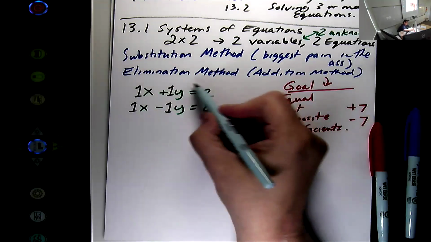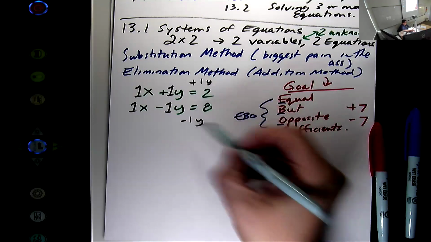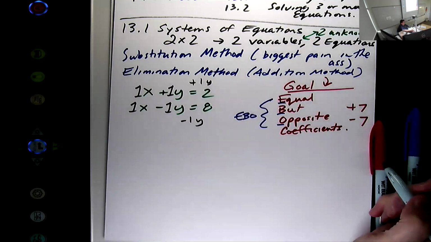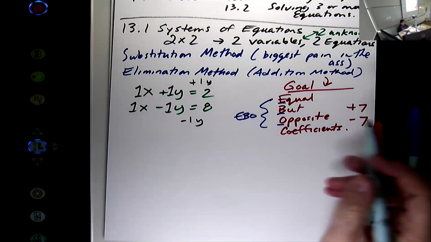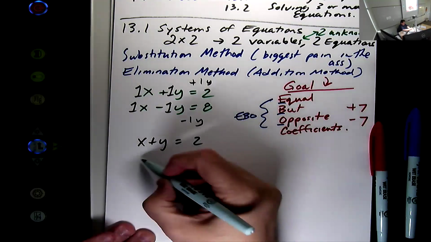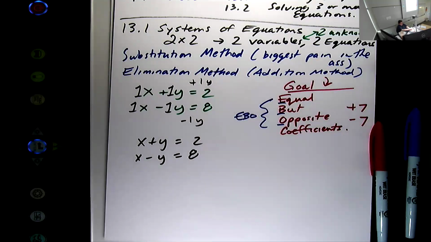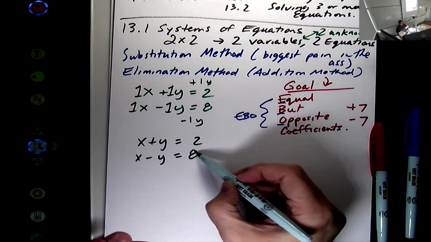So this one is +1y, and this is -1y. +1 and -1 are equal but opposite. So I'm gonna go back down here because that one is bothering me. So I'm rewriting it without the ones there.